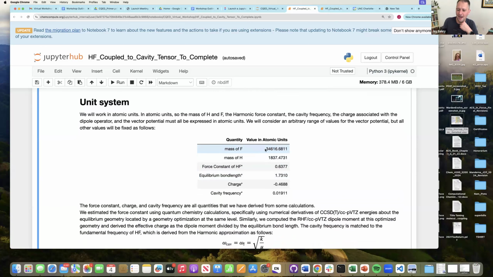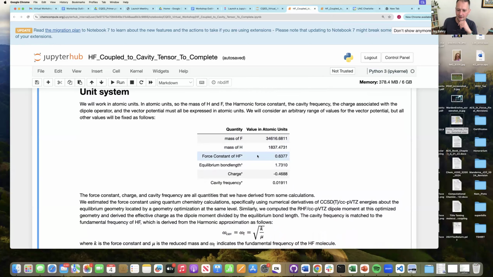The mass of fluorine in atomic units is 34,616. The mass of hydrogen in atomic units is 1,837. So those aren't quite convenient. Remember the atomic units, this is the unit system where the electron mass has magnitude 1, so the proton mass has magnitude roughly 1,800. But anyway, these are the values, so we'll use those values.